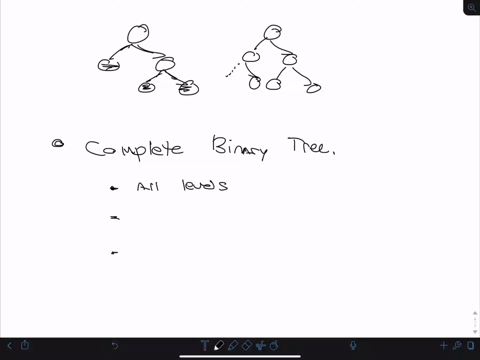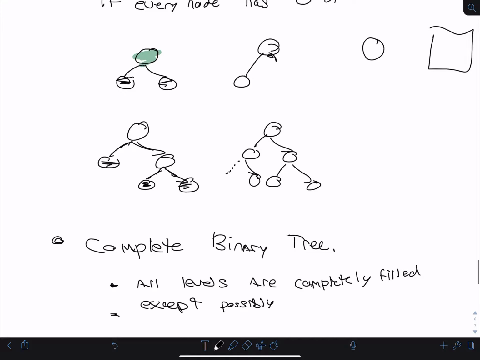All levels are completely filled except possibly the last level. If every level is filled, like every level is full, then that's considered complete.